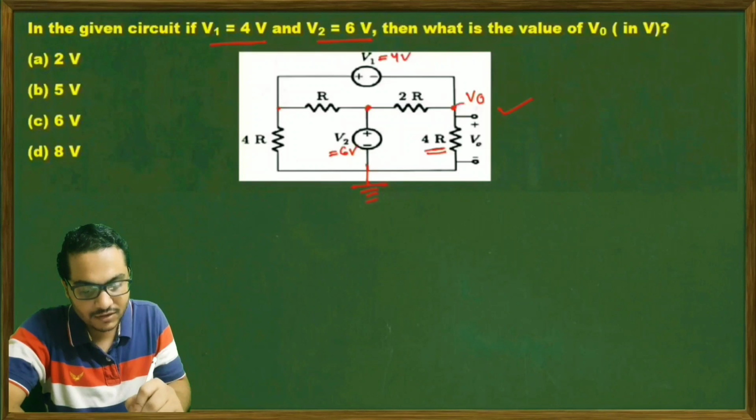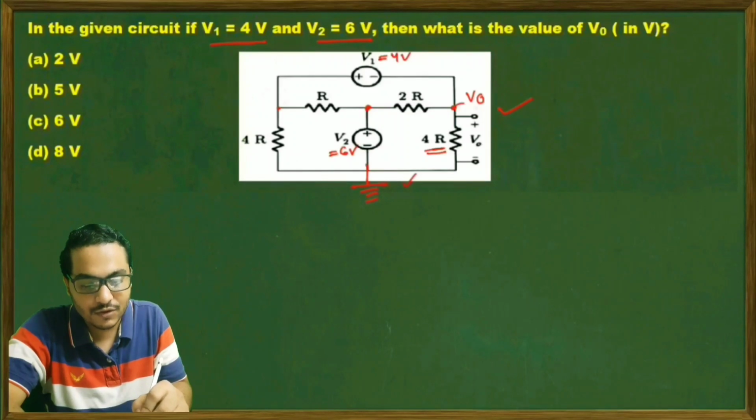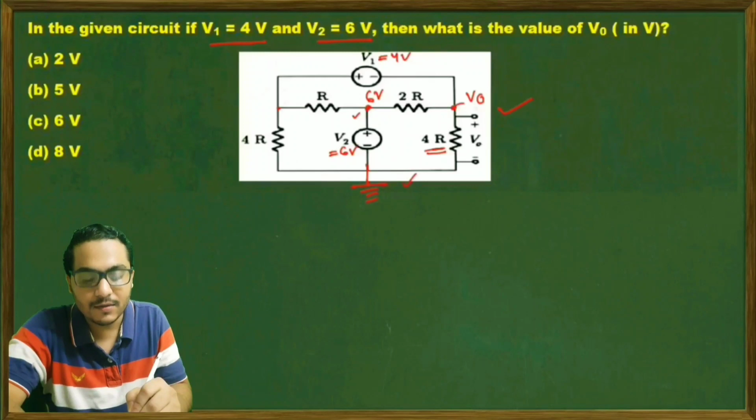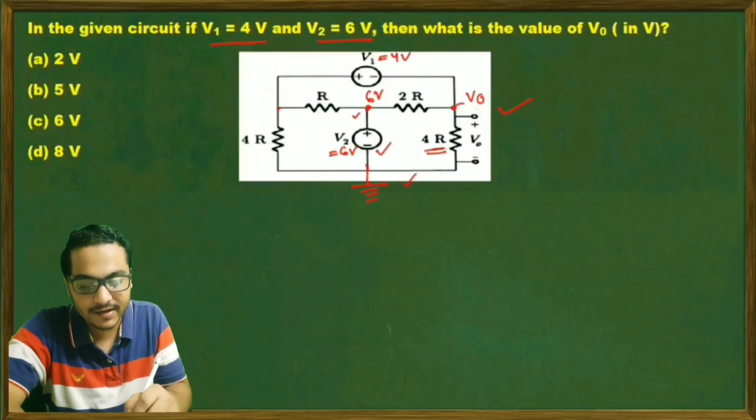Because this one is the reference node and the voltage across the 4R is V0, so the voltage at this node will be your V0, and the voltage at this node is equal to your 6 volt. Why? Because this 6 volt source is directly connected to the node and the ground, so this voltage will be reflected into this node. Okay, it is very clear.